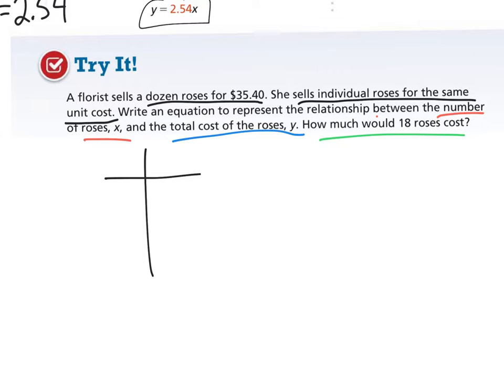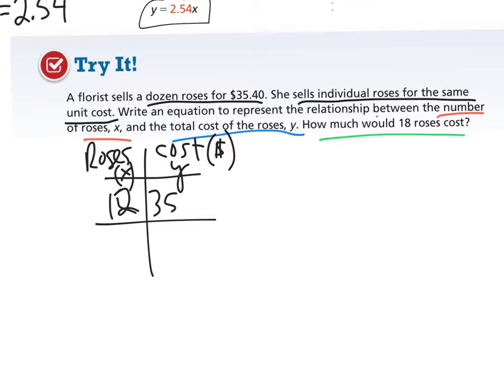So x is going to be our roses, and the cost is going to be the y, cost in dollars. We had 12 roses for $35.40. To find our constant of proportionality, we take y divided by x.